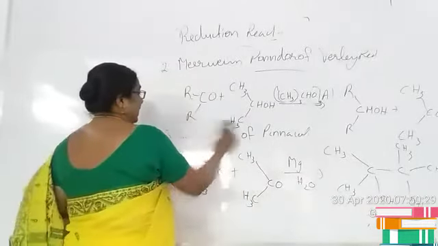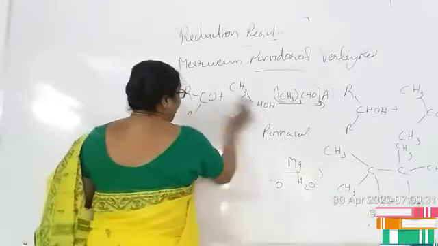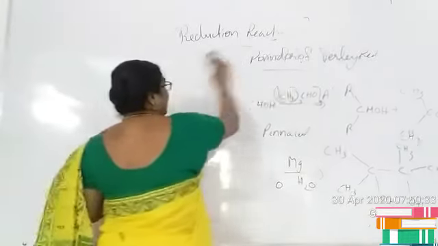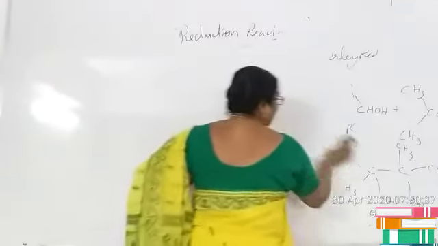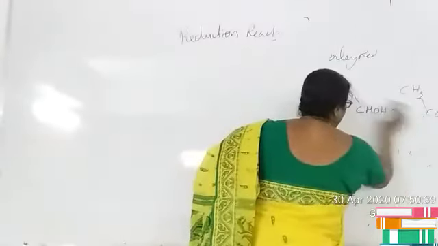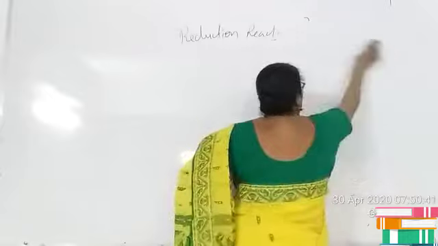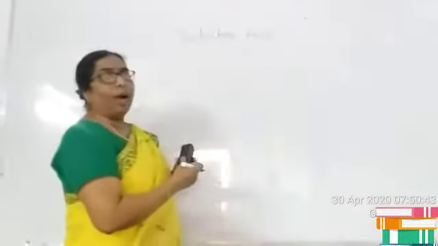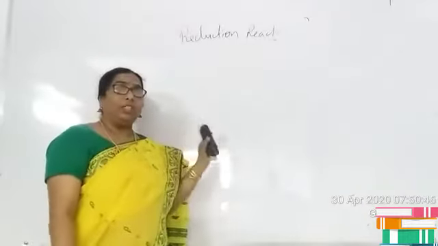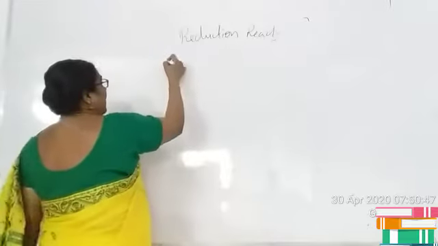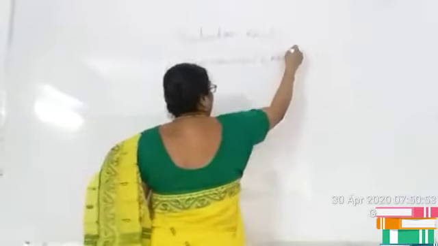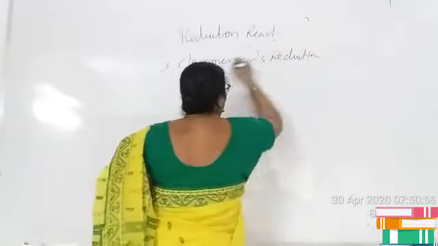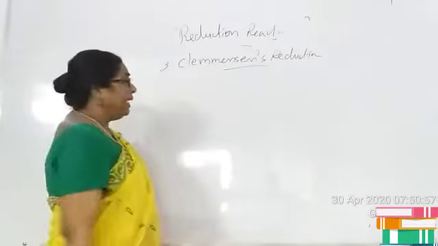Next one, let us consider Clemmensen reduction. That is a very important reaction. You can see that almost every year in the board exam, a question used to be asked about Clemmensen reduction. Clemmensen reduction means the reduction of aldehydes which takes place in presence of zinc amalgam and concentrated HCl.